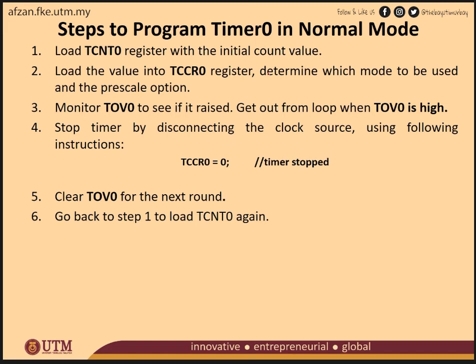For this one, we focus on the normal mode first. First thing first, you're going to load your TCNT0 register with the initial count value. So first step, load the TCNT value. How to load the TCNT depends on your calculation.